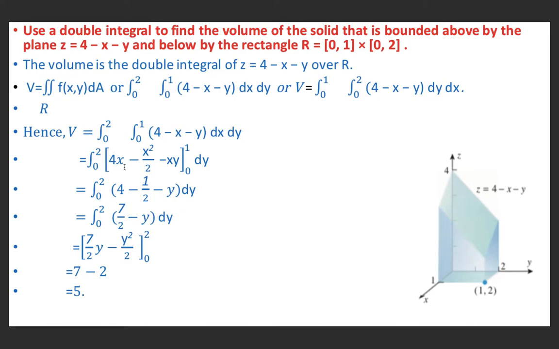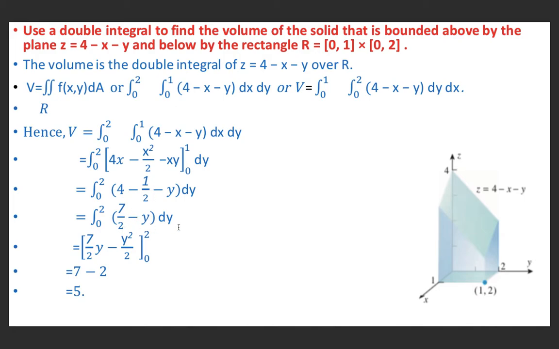So it is 4 into 1, 4, minus 1 upon 2, and 1 into y, so it is y. Minus the lower limit, which is 0. I have not written the 0 part. Now this is the function 4 minus 1 upon 2 minus y. If you simplify it, it is 8 minus 1, 7 by 2 minus y.